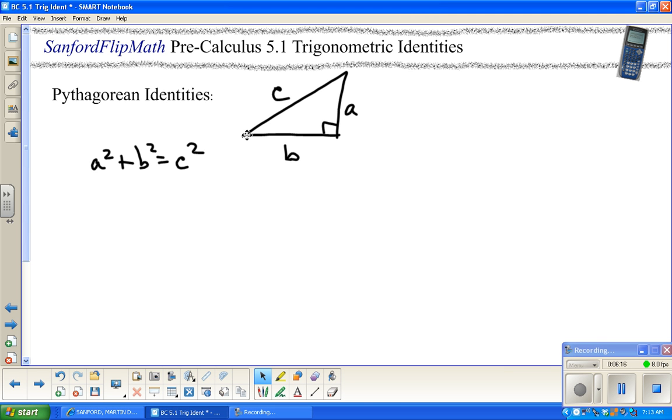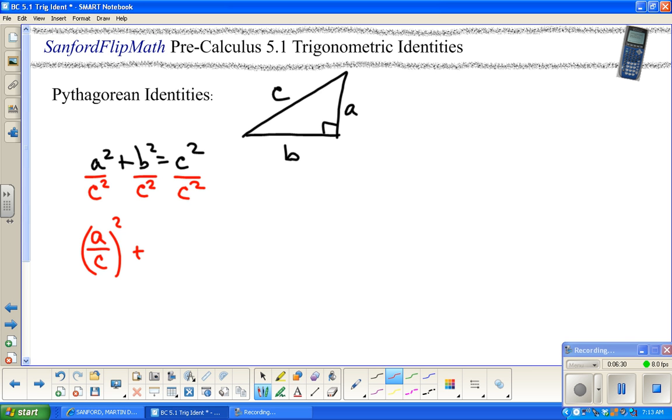Now this is something that we already know is true for any right triangle. And what we're going to do is divide both sides by c squared. There's a reason I'm doing this, and again, this is background. So I'm going to write this as a over c squared and b over c squared, and c squared over c squared is 1. Let me stick a little theta in here.